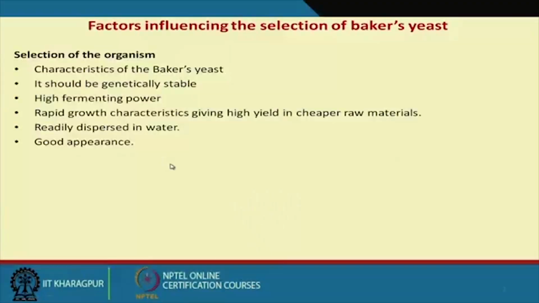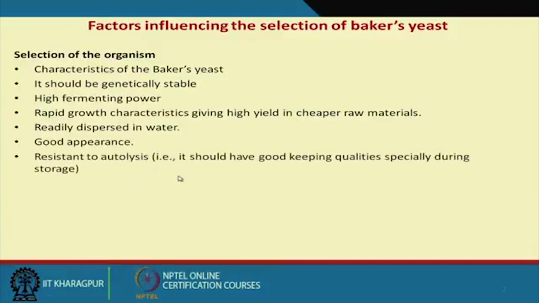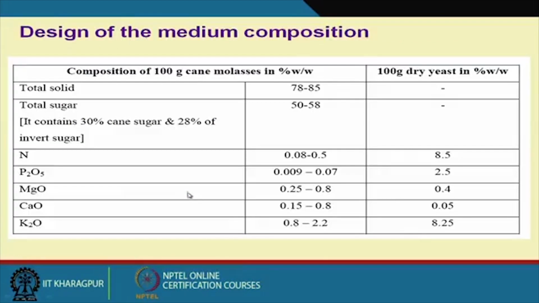Usually yeast should look a perfect white color, but if it is a different color, maybe it is due to some contamination problem. And resistance to autolysis, I mentioned that also, you should not degrade. If it degrades, you will not get the rapid fermentation characteristic. It should also have good keeping qualities, especially during storage.